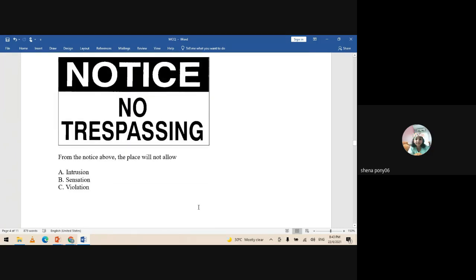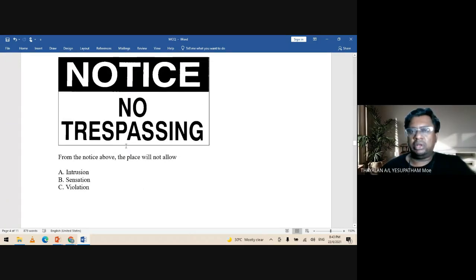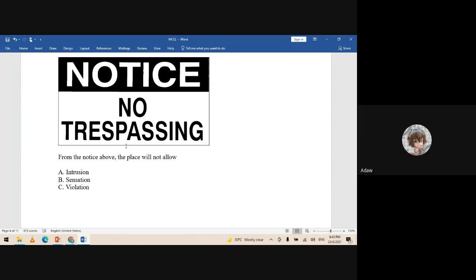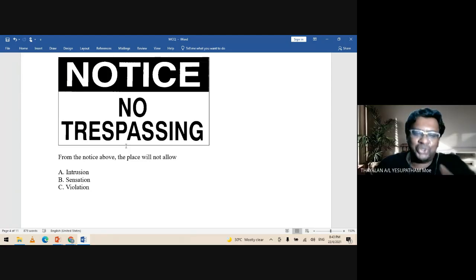Okay, now this one also would hinge on vocabulary. From the notice above, the place will not allow intrusion, sensation, violation. Notice: no trespassing. Intrusion. Very good.